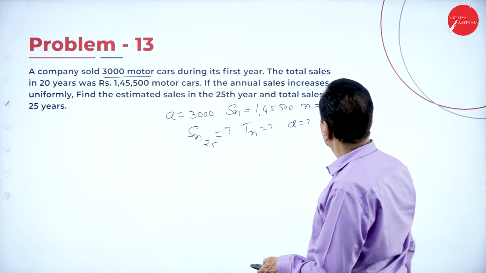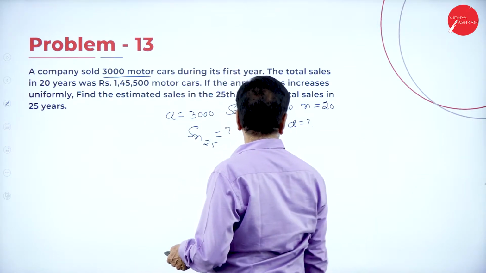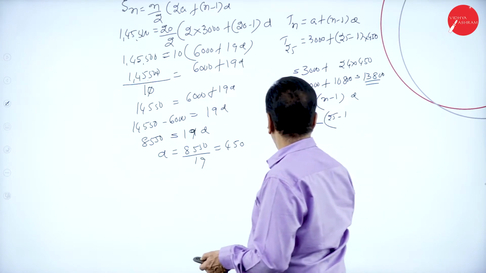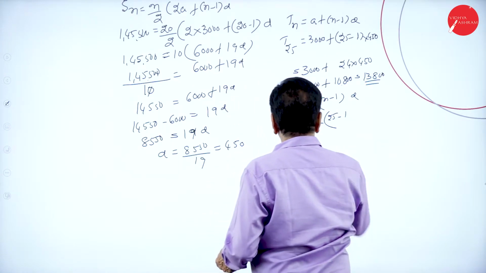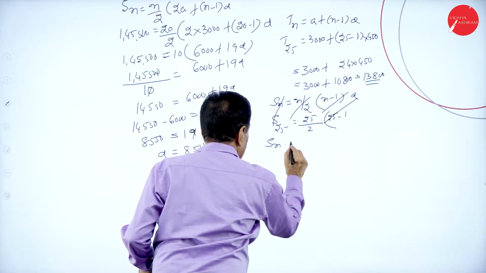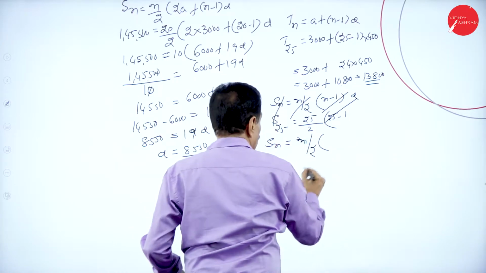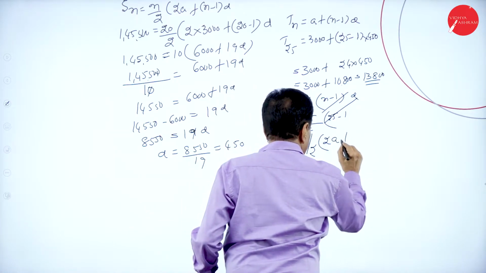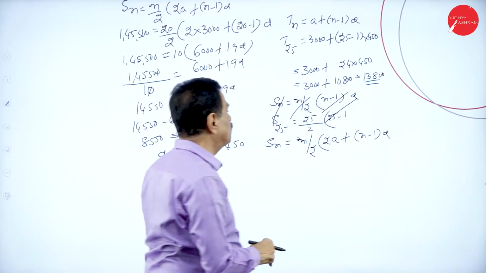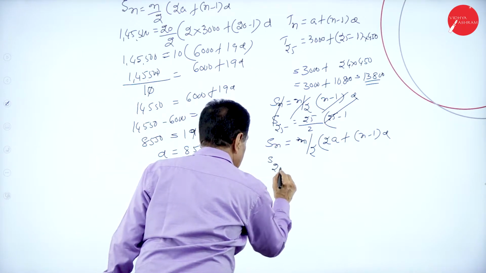What he wants is to estimate the sale in the 25th year and total sales in 25 years. So formula, Sn is equal to n by 2 into 2a plus n minus 1d. He wants the total sum for S25.